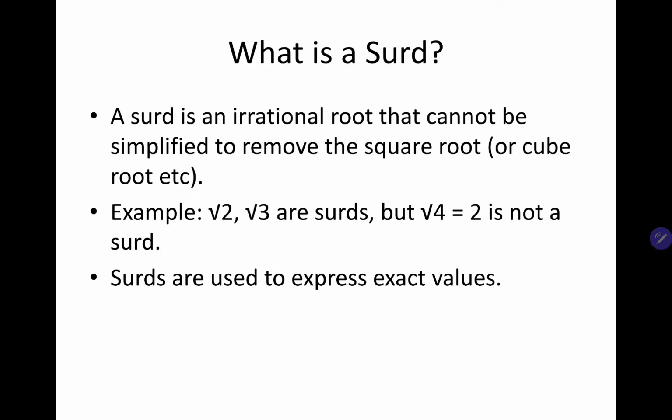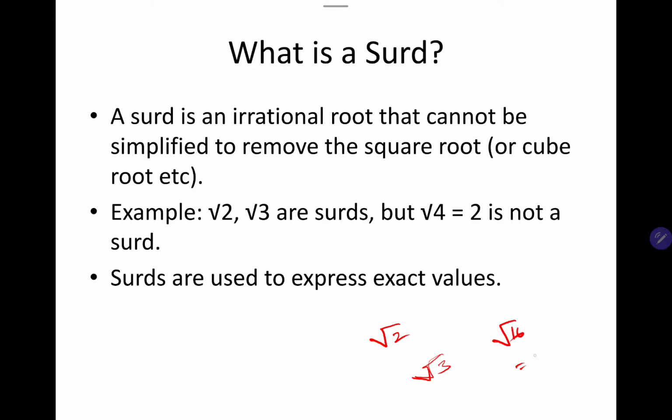So we say a sword is an irrational root that cannot be simplified to remove the square root or cube root or fourth root, whatever it is. An example of a sword is root 2, root 3. This cannot be simplified further. But note that things like root 16 is not a sword, because this can be simplified.